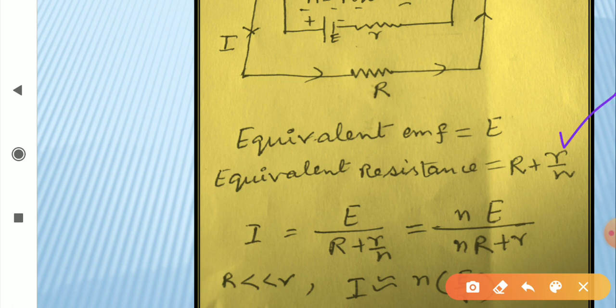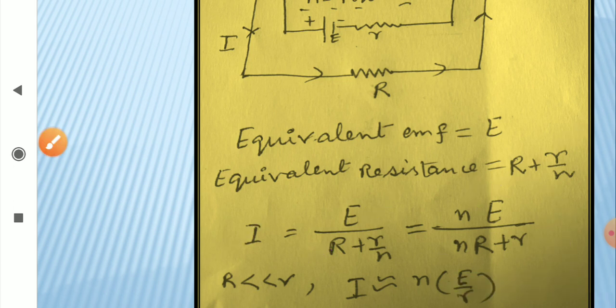Then current I becomes E upon R plus r upon n, and simplifying this denominator you get nR plus r upon n, and this n will go up, taking the reciprocal. So you get this relation, right?